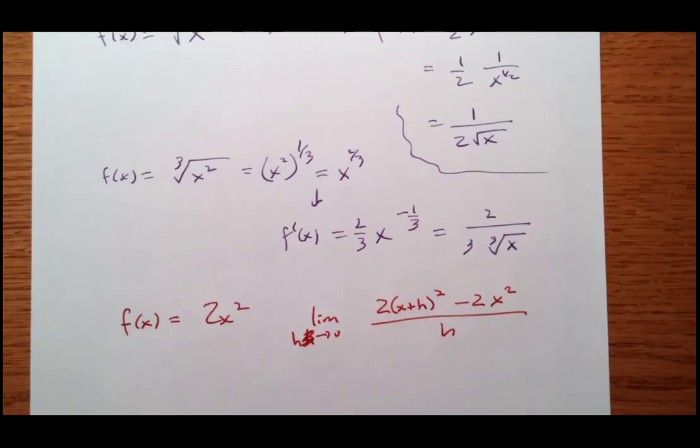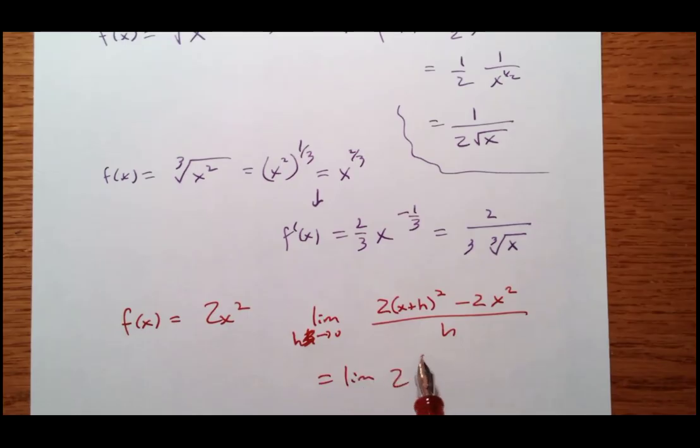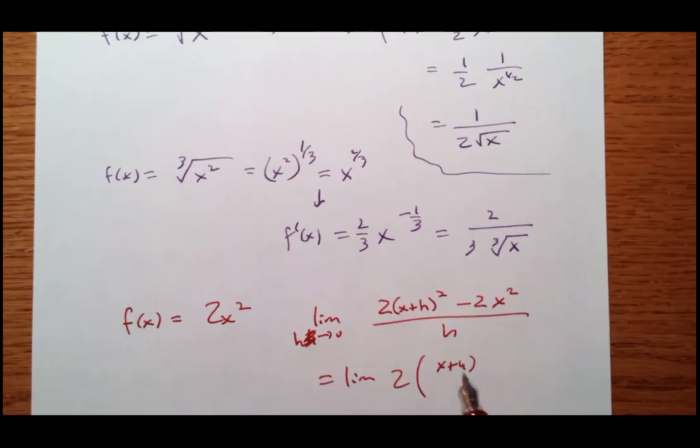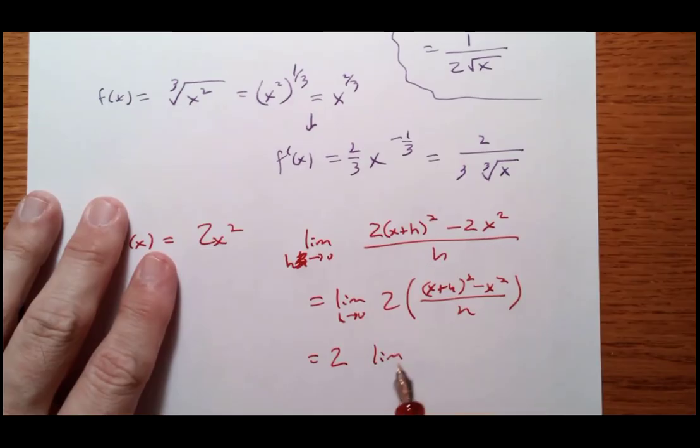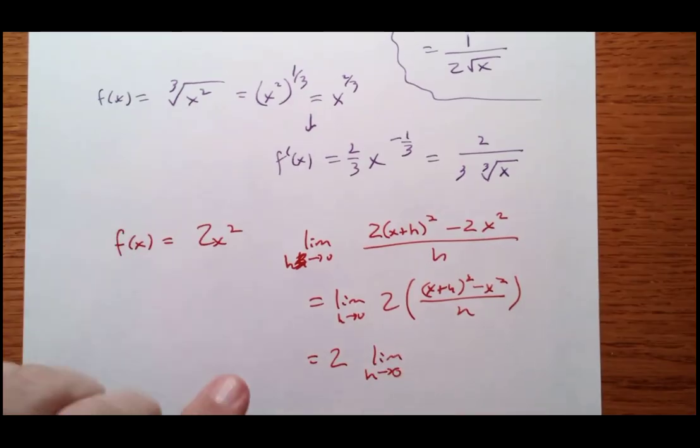Well, I can just factor the 2 out. And now by my limit laws, what do I do with the 2 here? I take the 2 and put it out here. A constant multiple can be pulled out front.